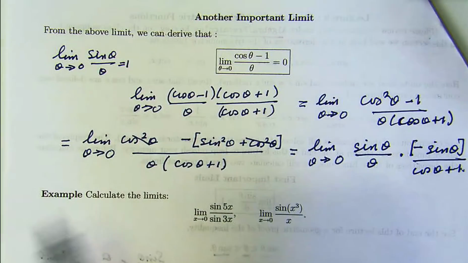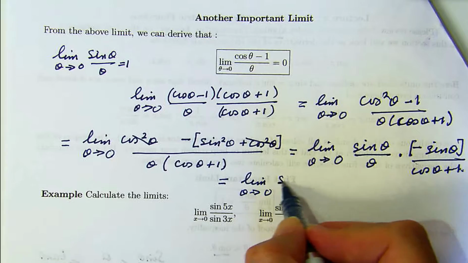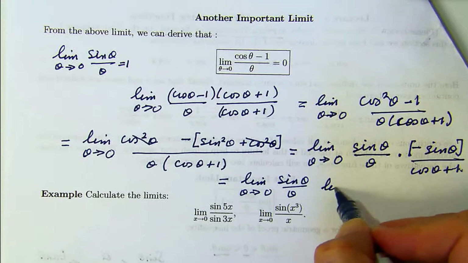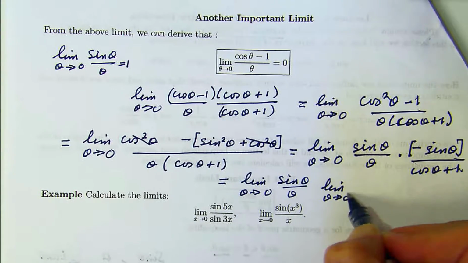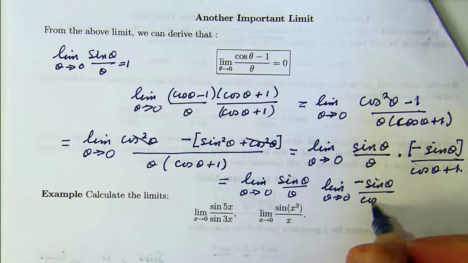And of course, this is the product of the limits. So it's the limit as theta goes to 0 of sine theta over theta times the limit as theta goes to 0 of minus sine theta over cosine theta plus 1.